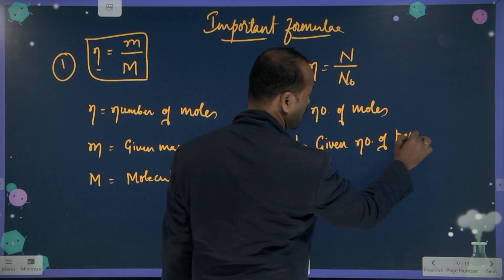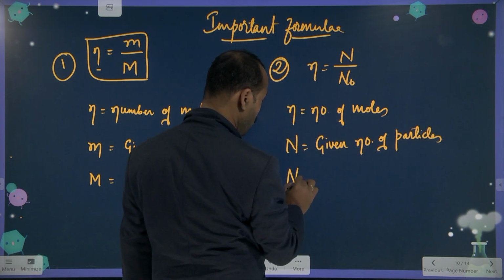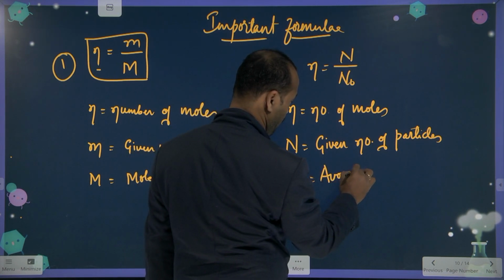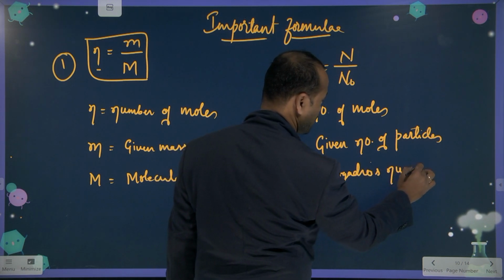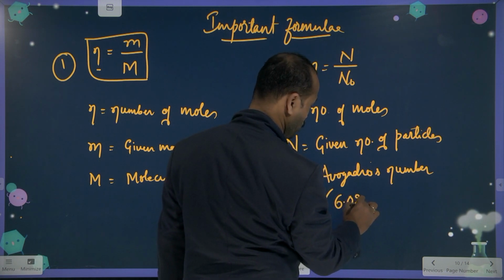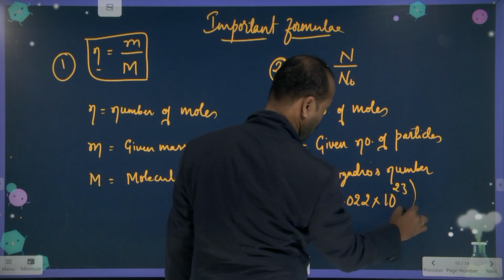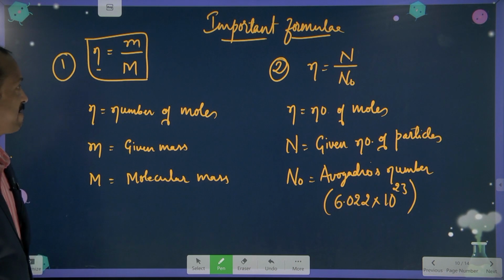How many particles are given? And N naught is Avogadro's constant or Avogadro's number, which is nothing but 6.022 into 10 to the power of 23 entities, whatever it may be. Write this formula. Written.